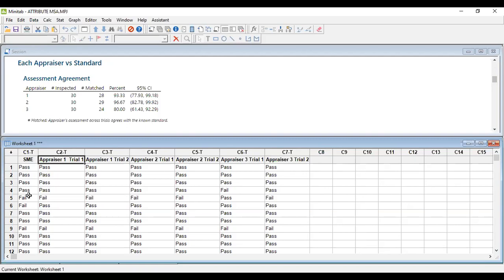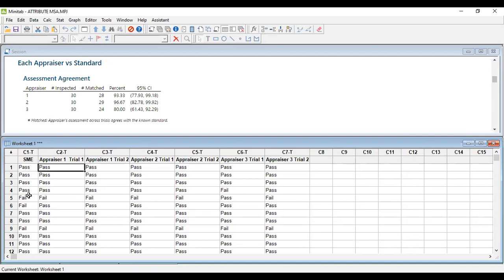And for data collection, we are asking 3 appraisers to do 2 trials each. So appraiser 1 does one trial, and appraiser 1 does another trial. Appraiser 2 similarly does 2 trials. Appraiser 3 does 2 trials.